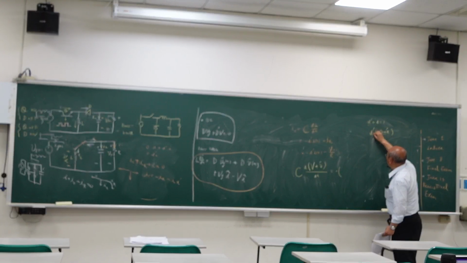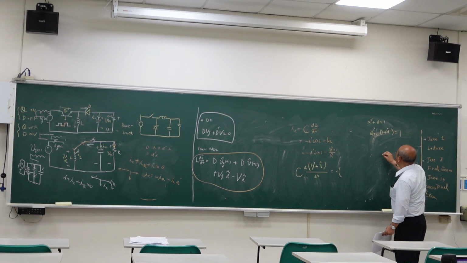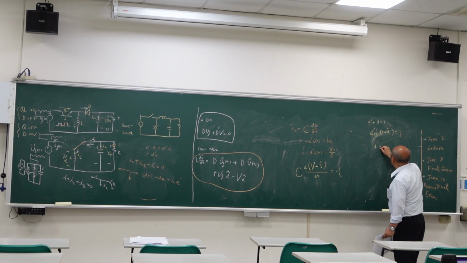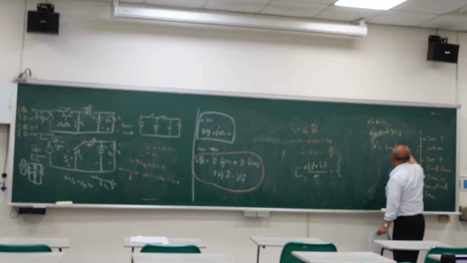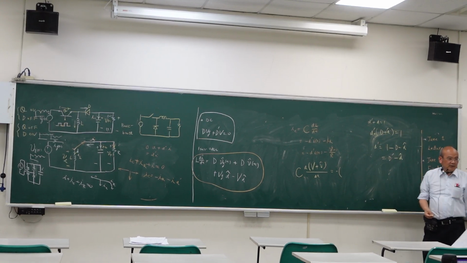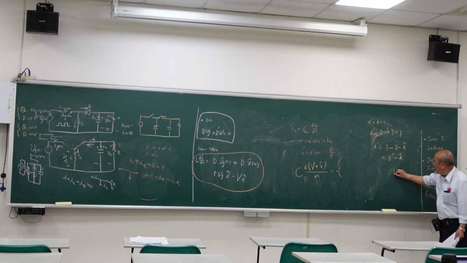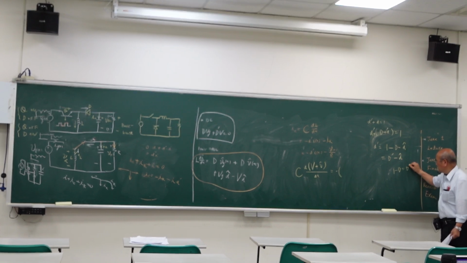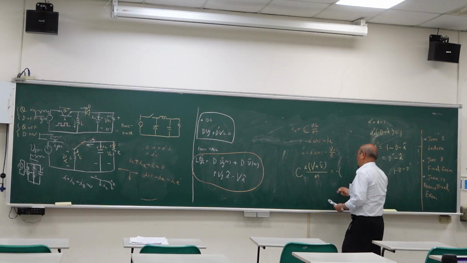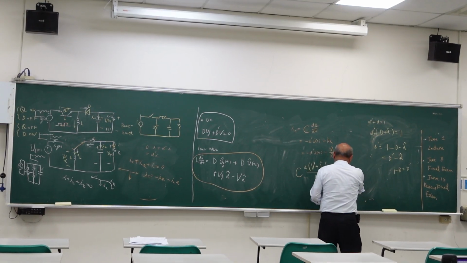So D prime plus D equal to 1. Then we want to compute D prime as 1 minus D, so D prime minus D hat, right? So 1 minus D equal to D prime. So we can write down this way. And D prime equal to what? D prime minus D hat.